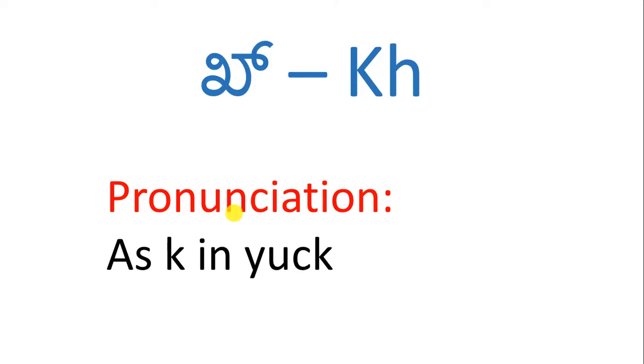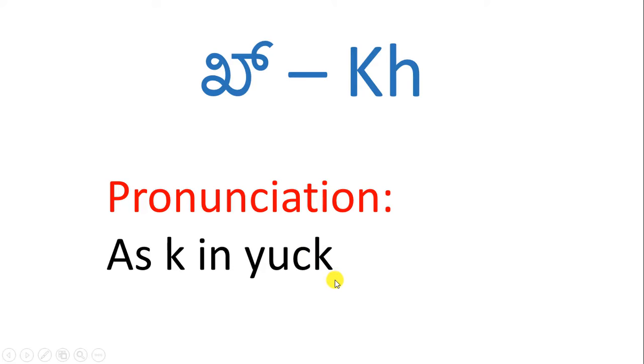Now the second one is kh. This has a bit of oomph compared to the previous root consonant. This is the kh in yak. How do you pronounce the ck in yak?